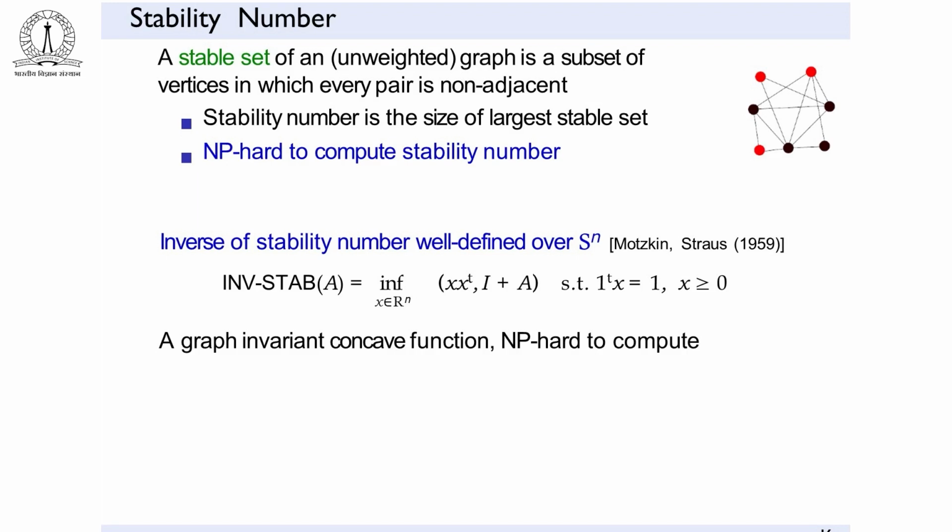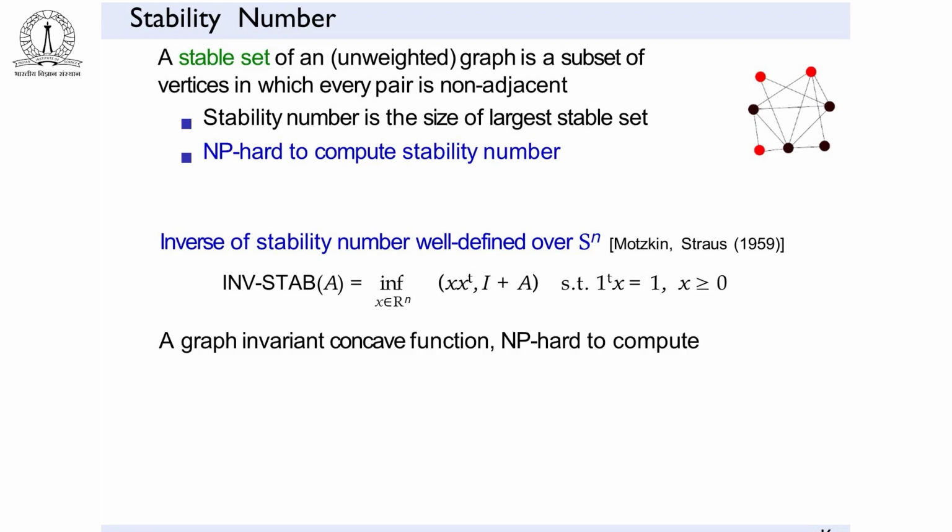But this is interestingly well defined for any symmetric matrix. So if you plug in a 0, 1 matrix corresponding to an unweighted graph, you'll get the honest inverse of the stability number. But this is a well-defined object over all of Sn, which is very useful for our purposes because when you want to define convex or related functions, you want to be able to define them over all of Sn.